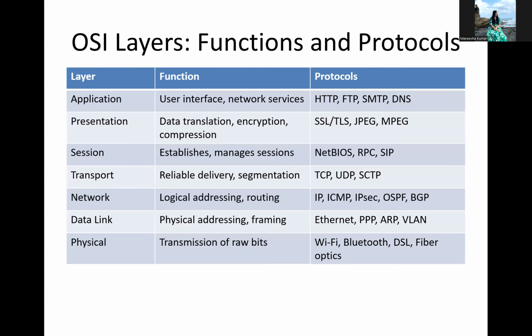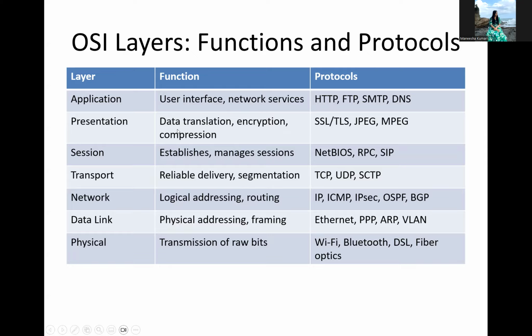So you can summarize it as functions and protocols. To remember, it's like this. Application layer, and the user: the function is the user interface and network services, and the protocol examples are HTTP, FTP, SMTP, DNS.